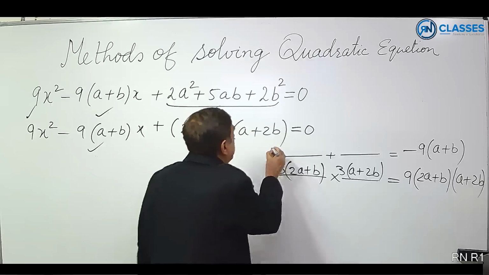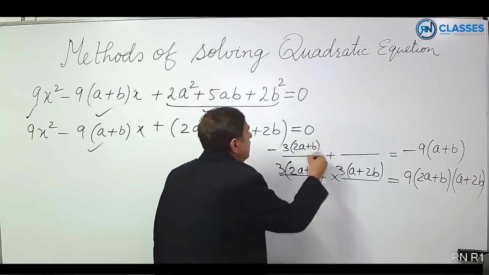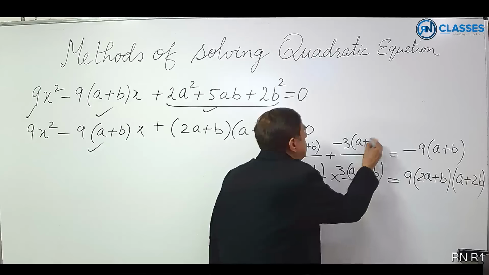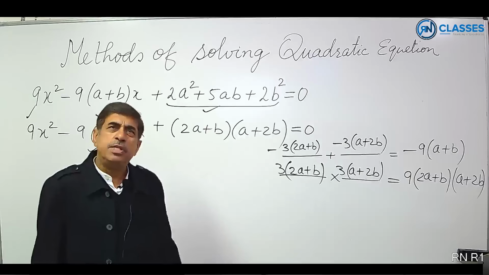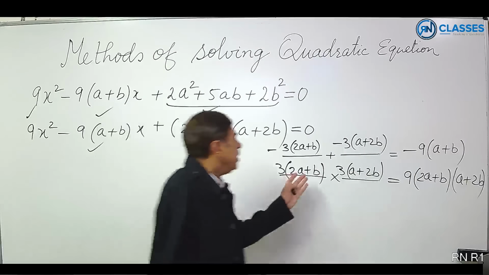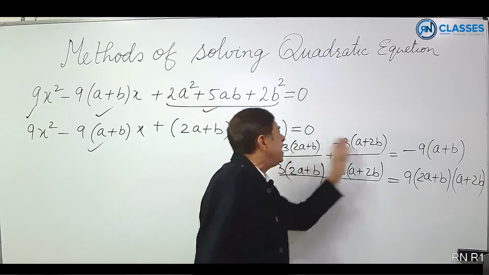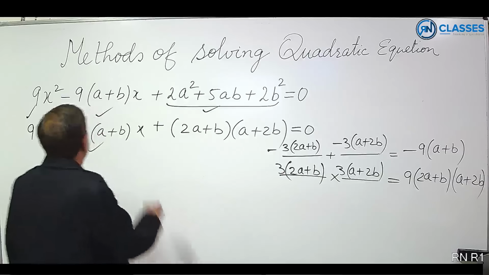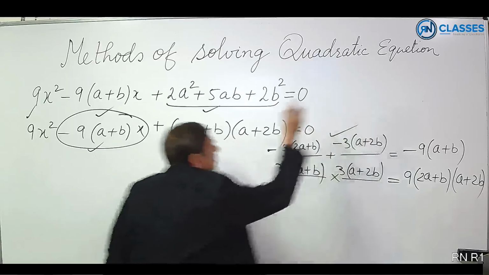So what I can do, I can write this -3 into 2a plus b, and this again -3 into a plus 2b. Is this step clear? It's the same thing. Wait. You have to find two numbers whose product is this much and sum is this much.